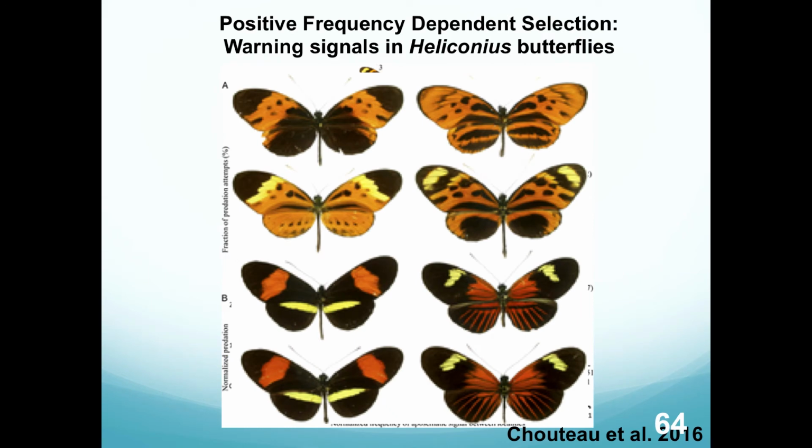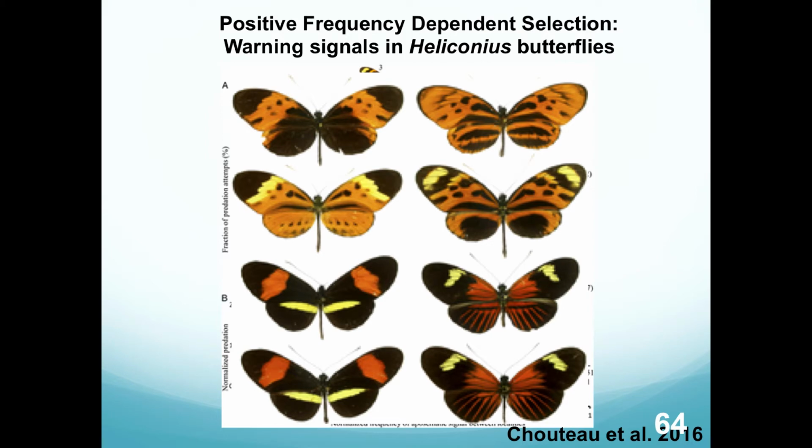An example of positive frequency-dependent selection is seen in aposematic coloration. For example, in Heliconius butterflies, these butterflies are all poisonous. That's how they defend themselves from predators. But it doesn't help to be poisonous because by the time a predator attacks you and experiences your toxicity, you're already dead. So in addition to being poisonous, aposematic organisms also need to identify themselves as poisonous by advertising with bright colors.